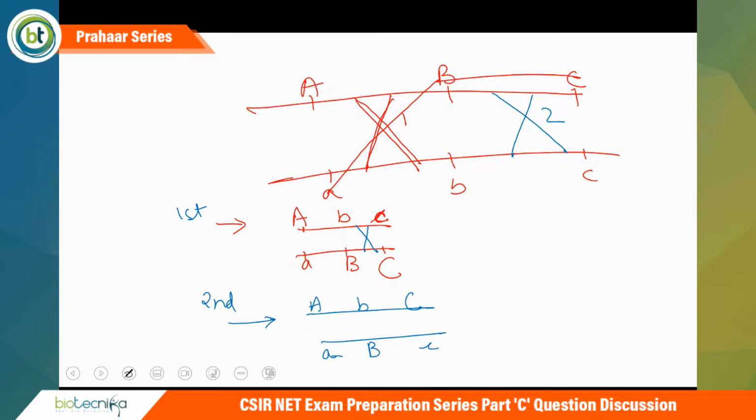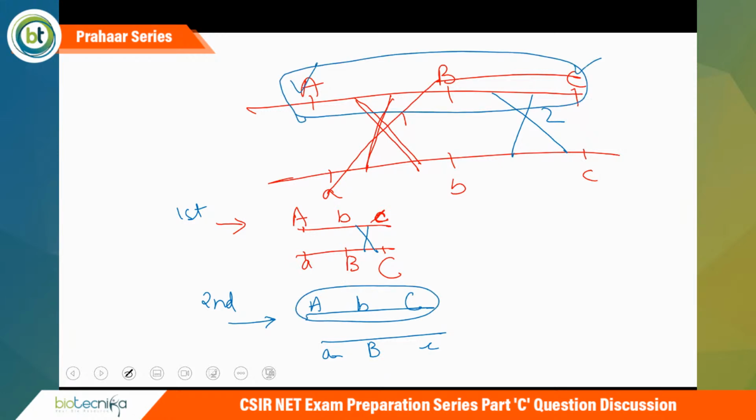Now when you compare this one with the parental, you see the genes at the corners are the same, capital A and capital C. What has changed is the middle one. It is capital B in the parental combination, whereas in the double crossover it has become small b.